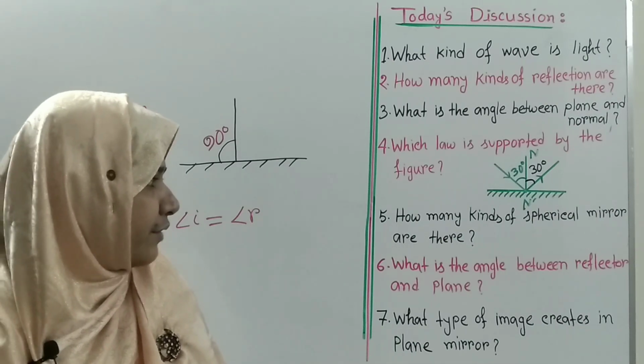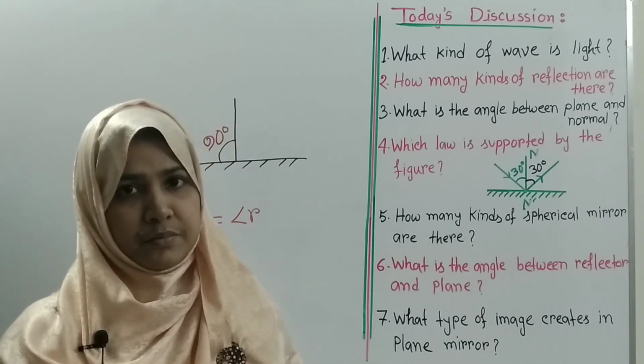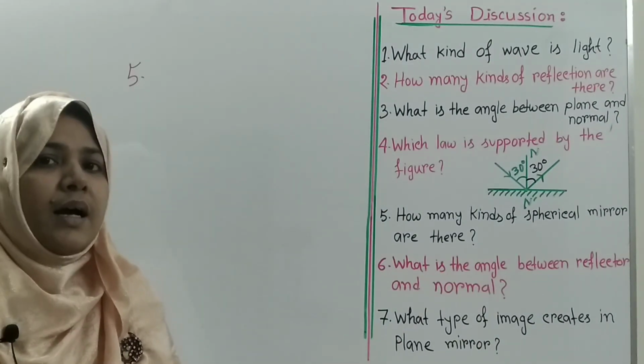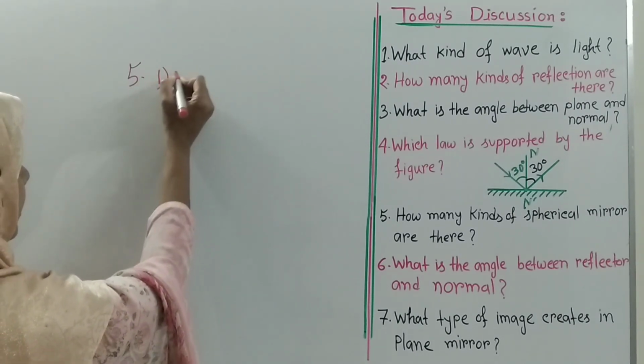Now question 5. Question 5 is, how many kinds of spherical mirror are there? Spherical mirrors are two types. One is concave mirror.